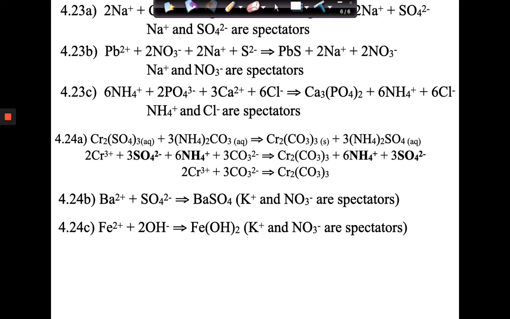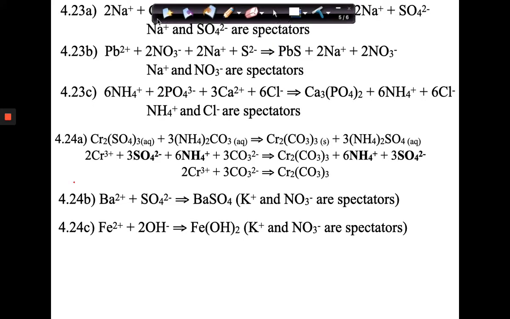Conveniently, they're all there together. Guys, writing net ionic equations is going to become something that you do, I don't know, instantly, immediately. I understand that right now, writing net ionic equations is, come on, let me move you.